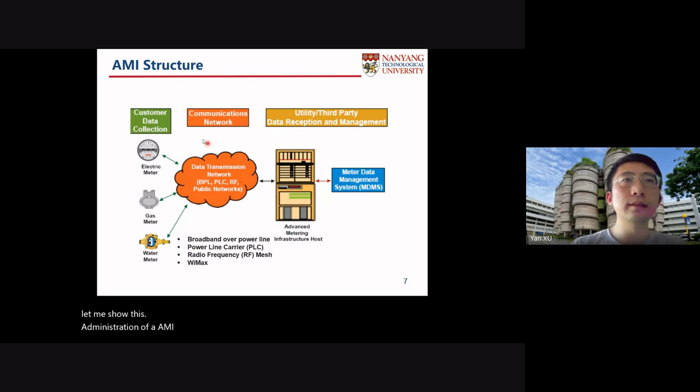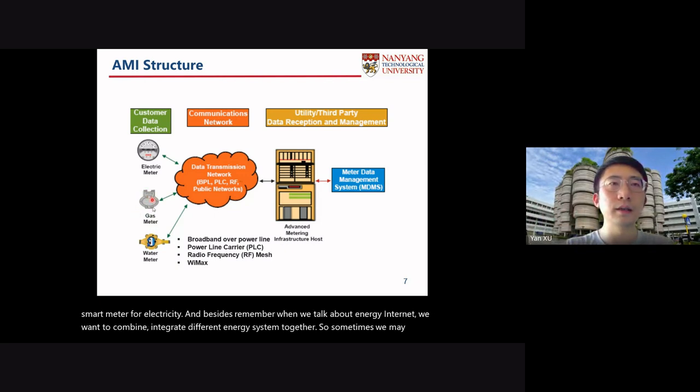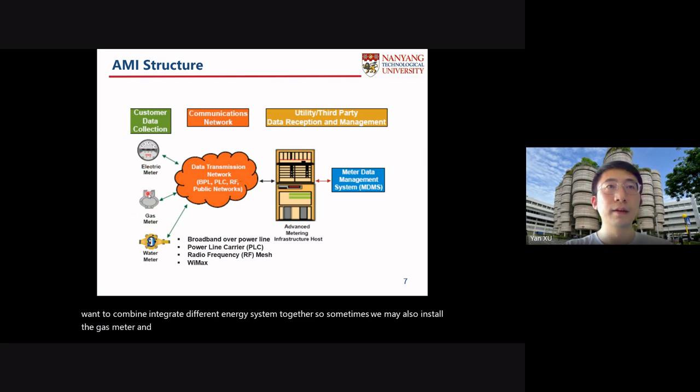Here you can see at the meter site, we have a smart meter for electricity. And besides, remember, when we talk about energy internet, we want to integrate different energy systems together. So sometimes we may also install the gas meter and water meter together with the electric meter and make it a whole smart metering system.